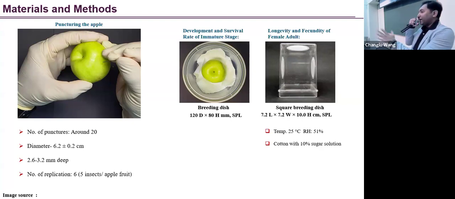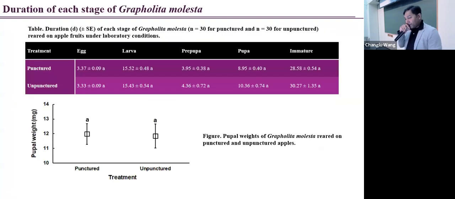And I followed the same procedure from the previous study, the same rearing dish, using square rearing dish for the adult and everything. And the same conditions I followed. Now, if you see the result, there is no significant difference in their developmental time.